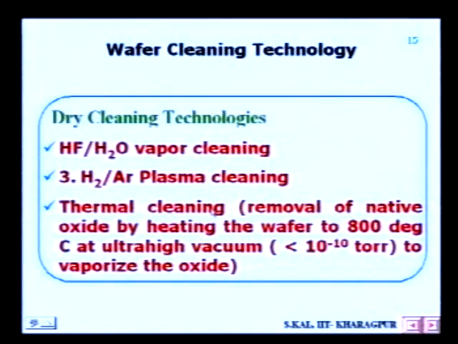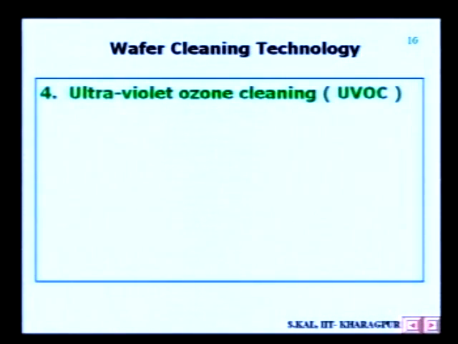Now I will discuss in this particular class the dry cleaning technique, ultraviolet ozone clean or UVOC cleaning technique, which is shown in this diagram. This is a very effective way to remove hydrocarbons, although the surface is oxide passivated.